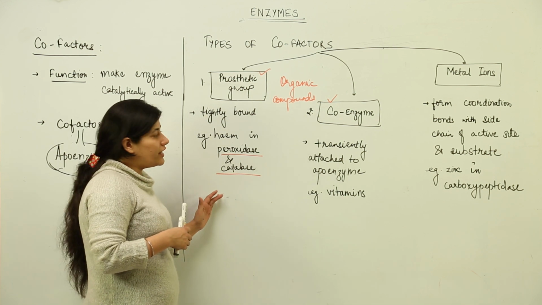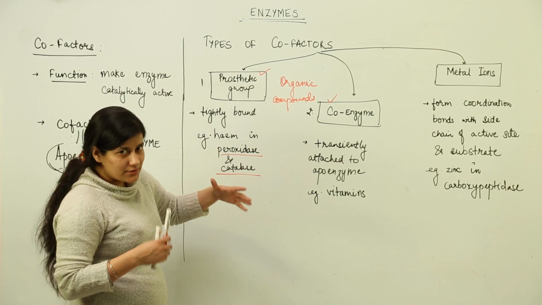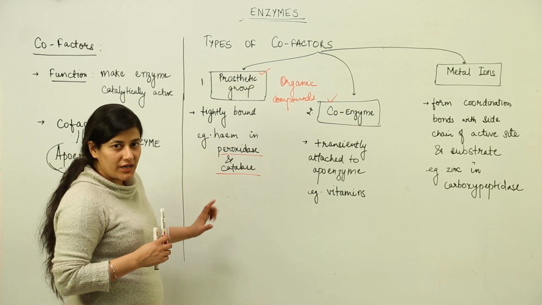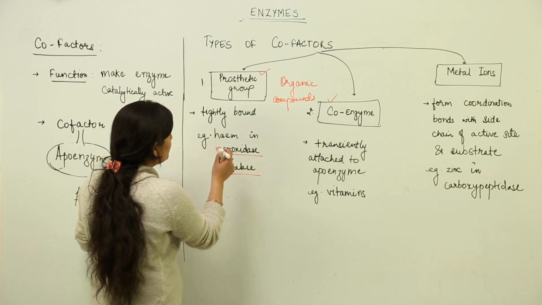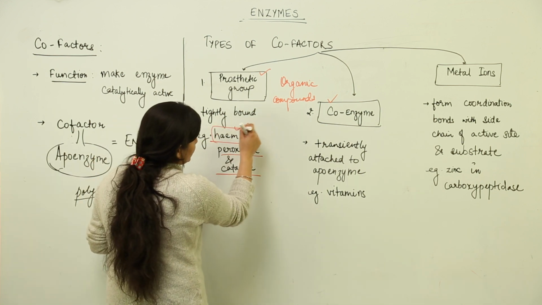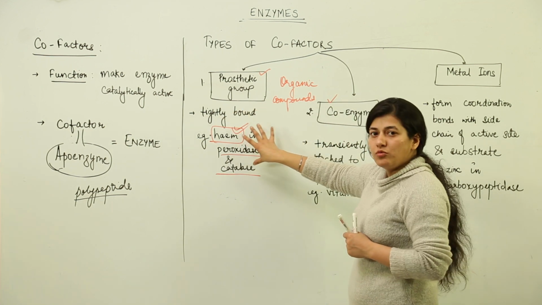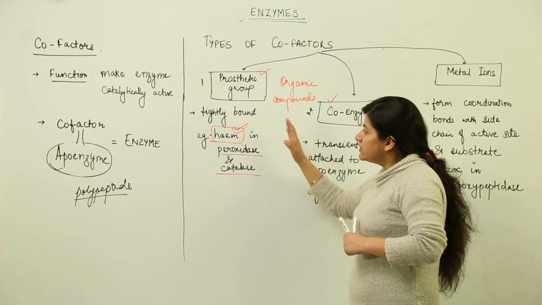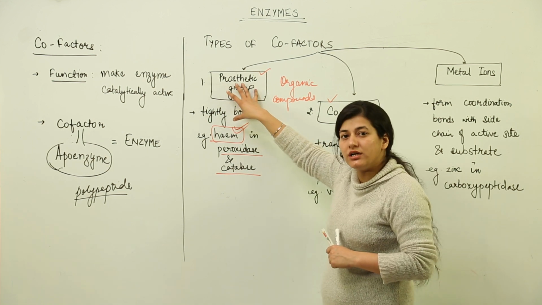For the continuous breakdown of that hydrogen peroxide, peroxidase has to come into action, and it cannot work if it does not have the heme prosthetic group attached to it. Now such is their joining that it cannot be easily removed. They are very tightly bound, and as soon as the catalytic activity takes place, this attachment goes over, or it can stay attached to the apoenzyme.